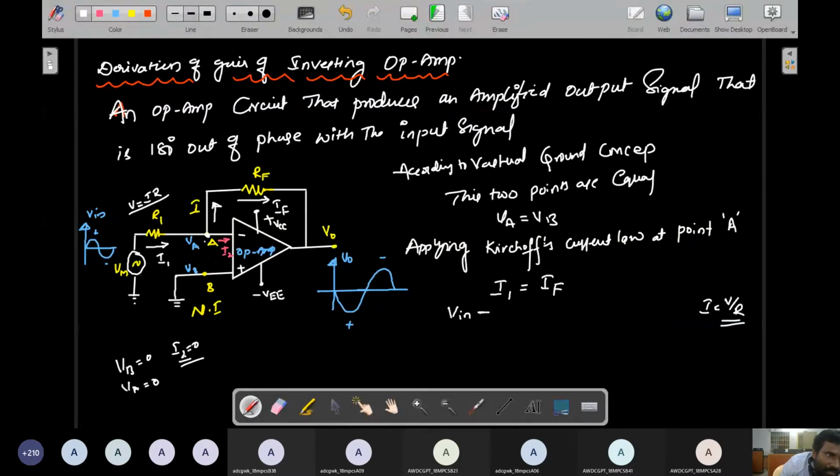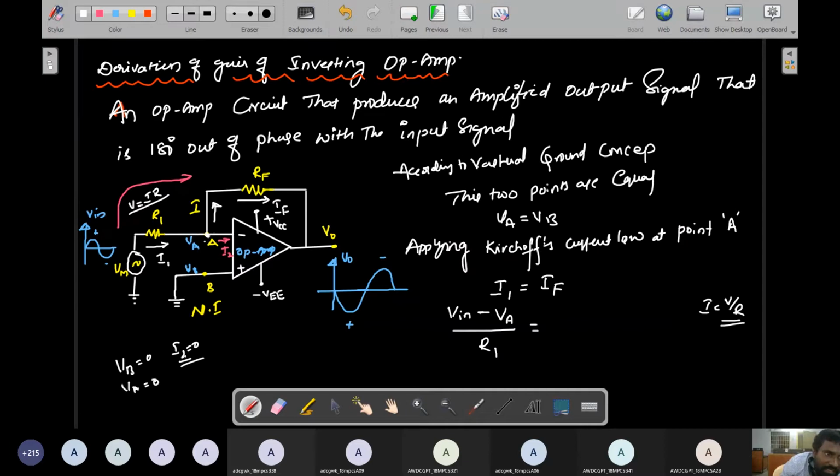The direction of the current is indicated in this direction. So Vin minus VA divided by the resistor R1 is equal to the sum of the leaving currents.